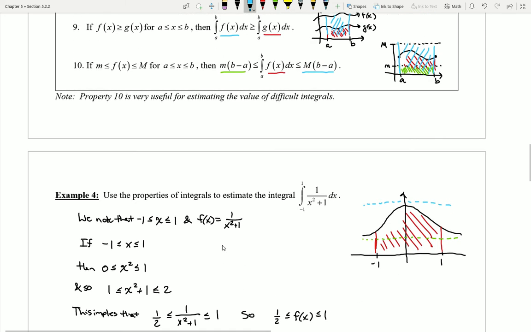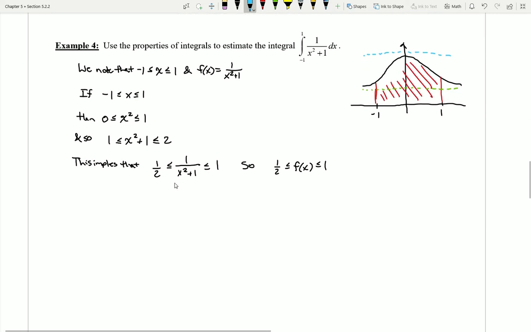And so this is a perfect time then to make use of property 10. If my function is wedged between two values on my interval, then the area underneath the green is smallest, the area underneath the blue is largest, and the area underneath my function happens to be the middle value. So I can go ahead and state this. Oops, and I'll change my color here back.